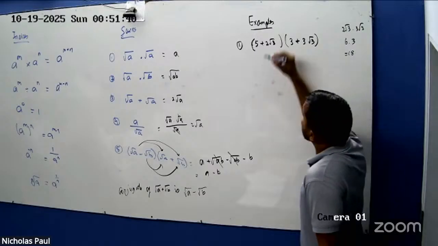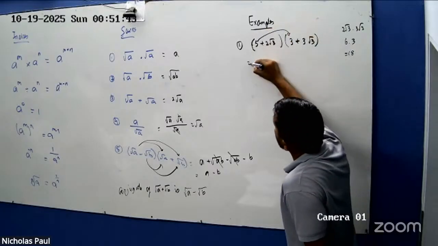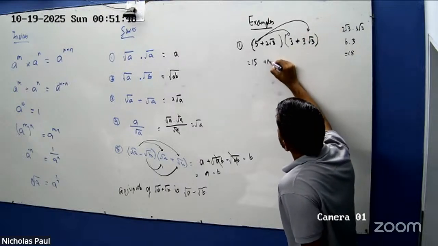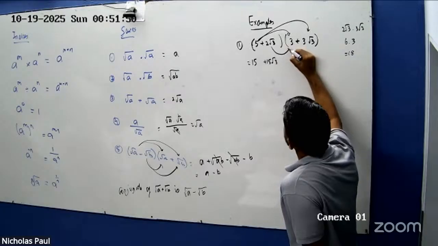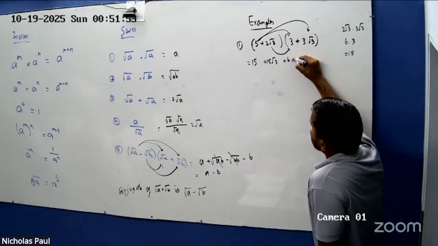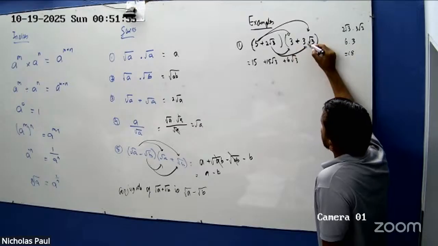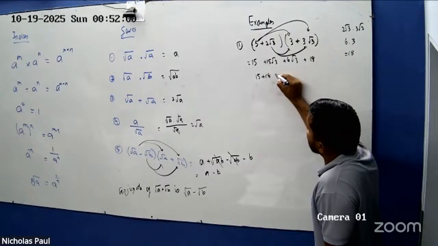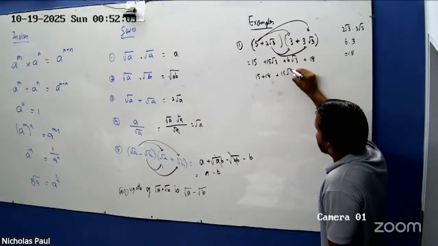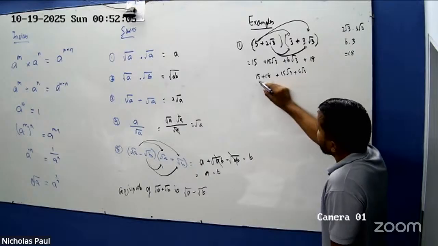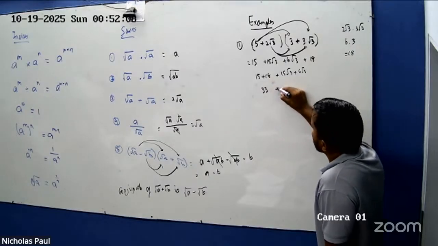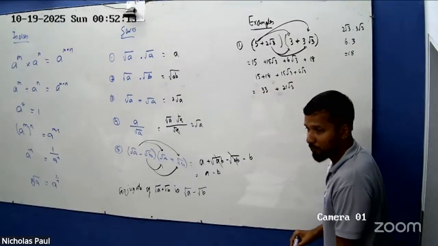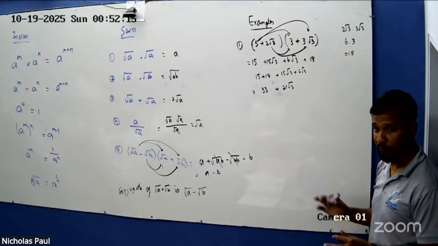But I get you. So 5 by 3, that's 15. 5 by 2 root 3 is 15 root 3. 2 root 3 by 3, that's 6 root 3. 2 root 3 by 3 root 3, that was 18, right? Bring the numbers together, 15 plus 18, and work with the surds after. 15 plus 18, that's 33. 15 root 3 plus 6 root 3, that's 21 root 3. You okay with that? Easy, right?